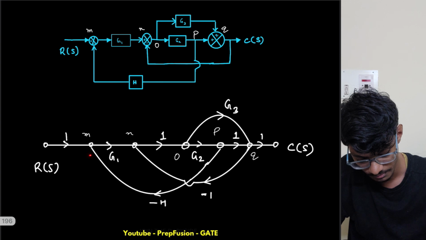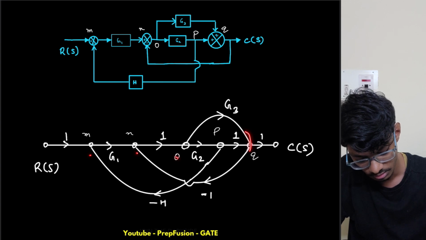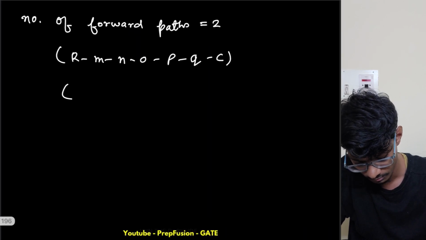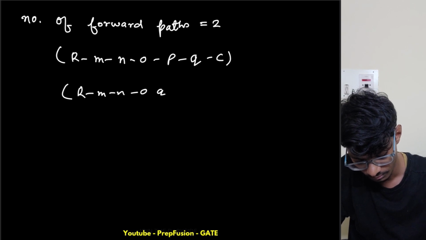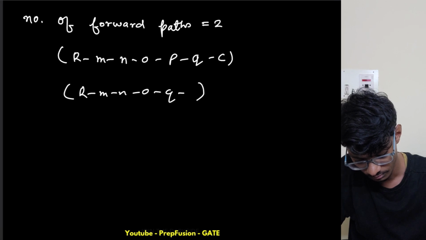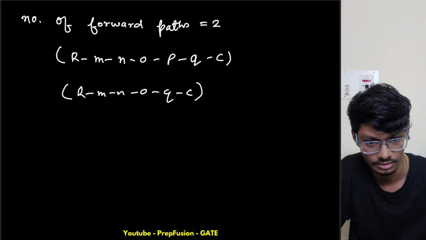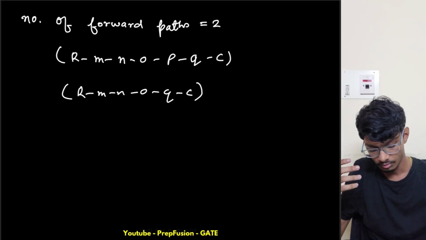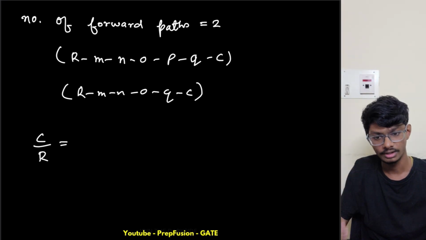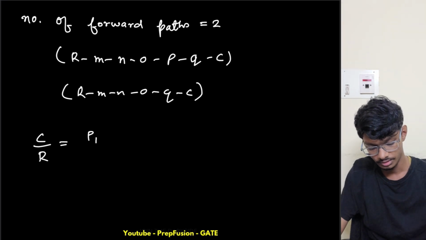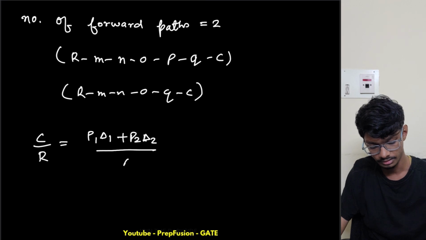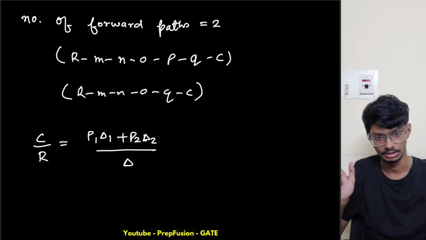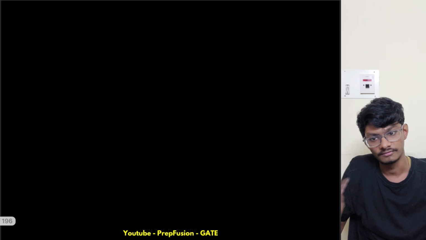R M N O Q C. So this is another forward path gain. So what will our Mason's gain formula look like this time? This will look like P1 delta 1 plus P2 delta 2 divided by delta. I am writing this directly now. So what is the first forward path?